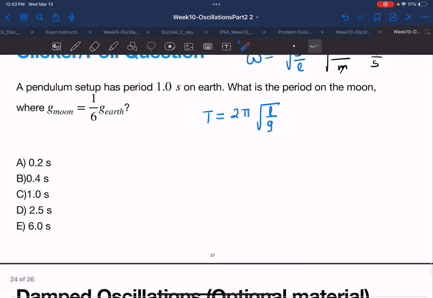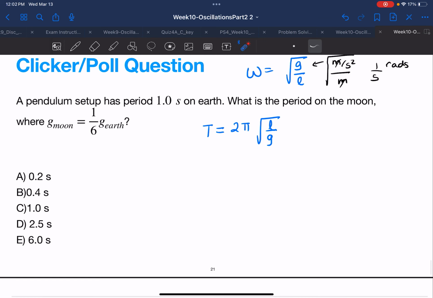Okay, back to the problem. We know that the period on Earth is T Earth, with length L and G on Earth. Well, the length is independent of where you are. The length of the pendulum is whatever it is, so that's just L. Now the period on the moon is going to be 2 pi square root of L over G moon. And we know G on moon is 1/6 G Earth.